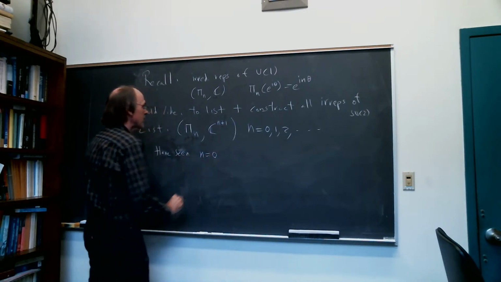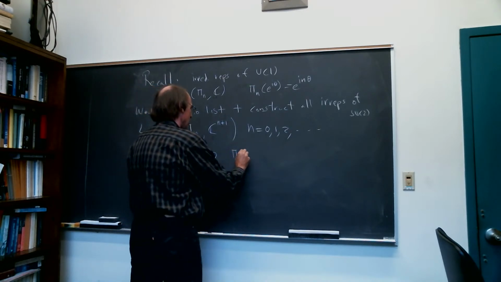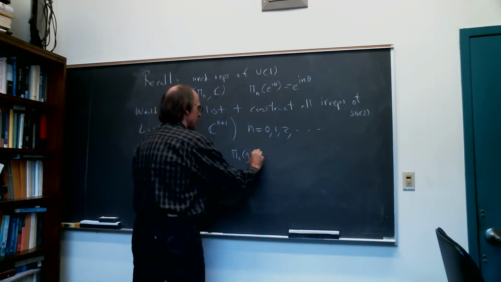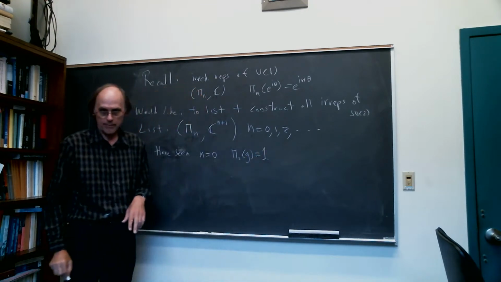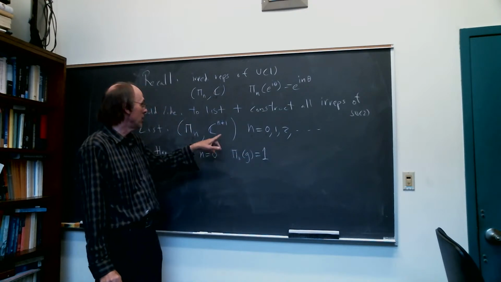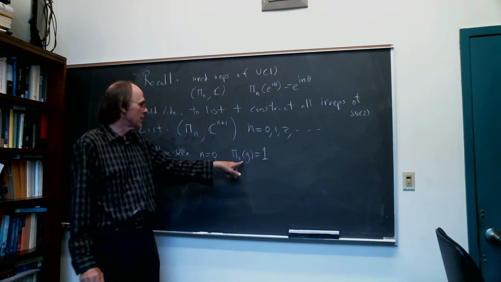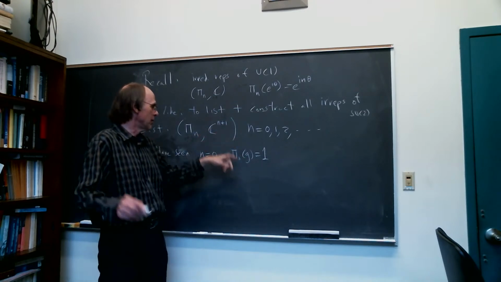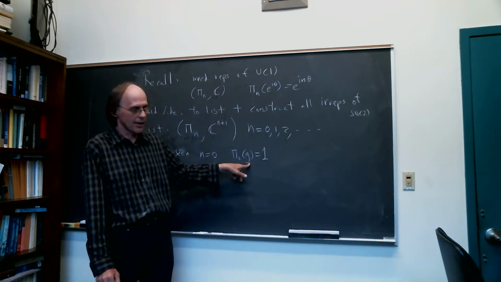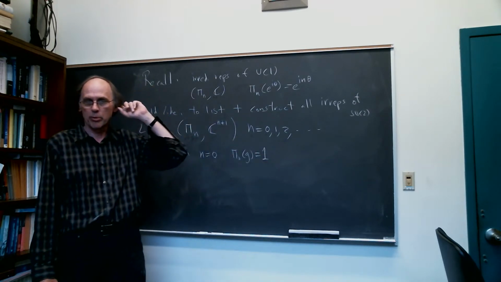We've seen n equal to 0. This is just pi 0, the trivial representation. You can always take the linear map acting on C, and if you feed it an SU2 matrix, you just act by multiplication by 1.